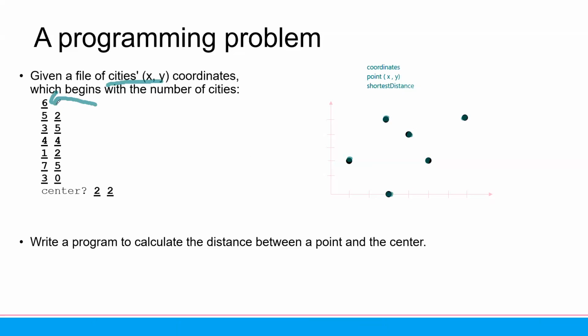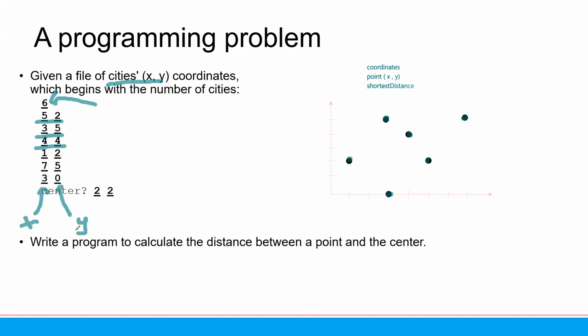I have 6 cities, and the first city is located at x equals 5 and y equals 2. The second city is located at x equals 3 and y equals 5. The third city is located at 4, and so on. The first one will be the x, and the second one is the y.